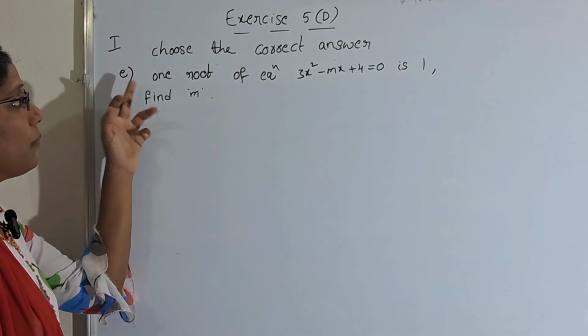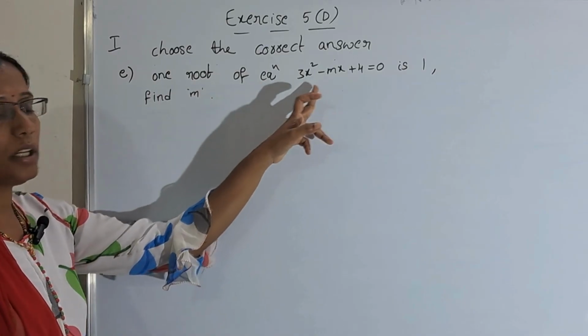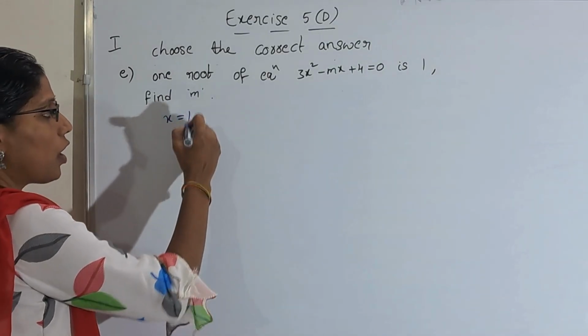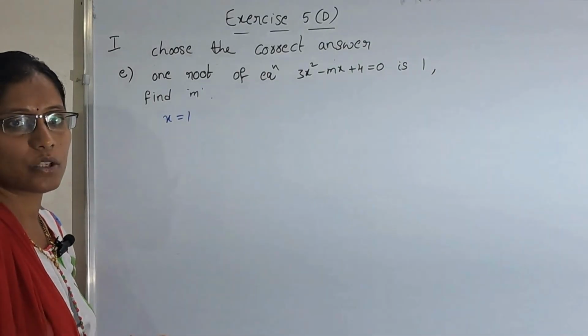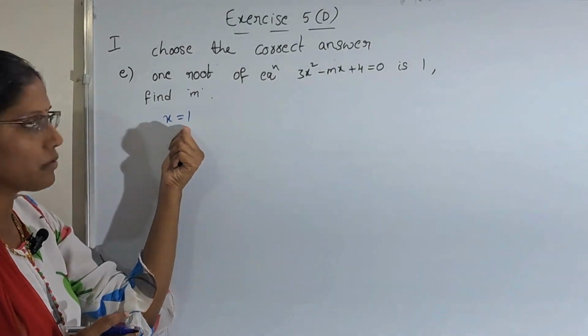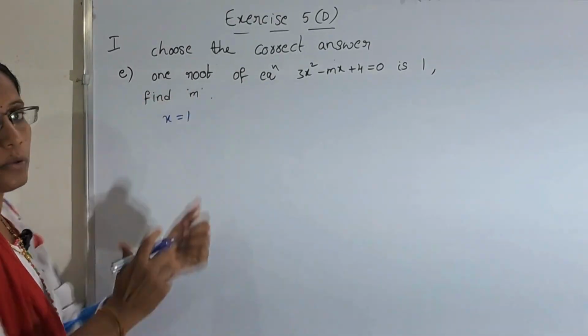Next, E problem. One root of the equation is 1. So x value they have given 1. Total how many roots will come in a quadratic equation? 2 roots will come. One root already they have given, 1. So x value is 1. Find m value.